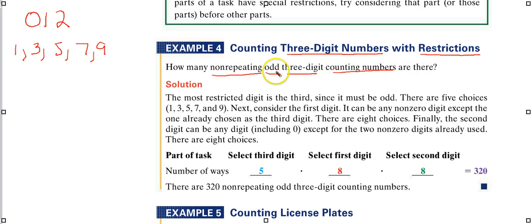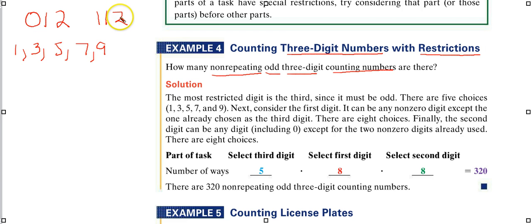Now, because of this restriction, odd 3-digit numbers, we have to look at in a 3-number system. Again, this wouldn't count as a 3 number because the 0 doesn't count. And this is an even number anyway. So if you had, let's say, 112, this wouldn't count because this is not an odd counting number.